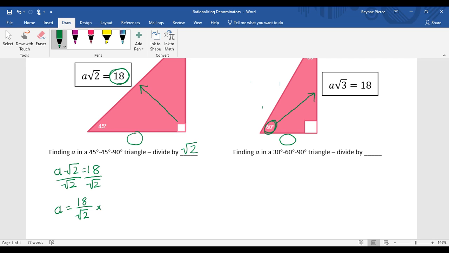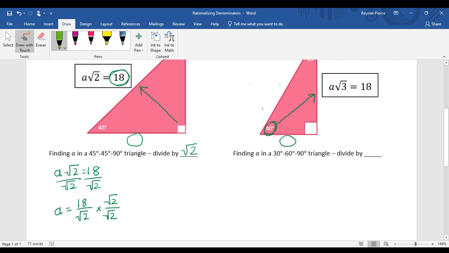To rationalize that, to get that radical out of the denominator, we're going to multiply by the square root of 2 over the square root of 2. Anything over itself is equal to 1, so we're not changing the value of the length of the legs. We're just changing how it looks because we don't want that radical in the denominator.